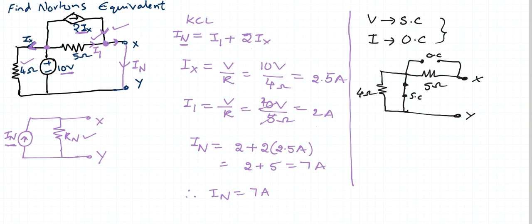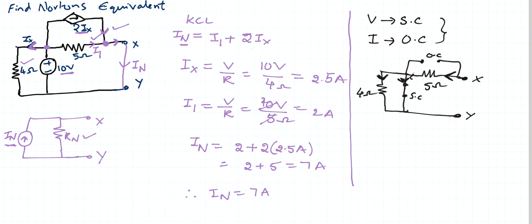The current will flow from X onwards. If you go in this direction, the current will flow through this 5 ohms resistor. But here there are two paths, suppose it is a 4 ohms resistor and here it is a 0 ohm resistor.